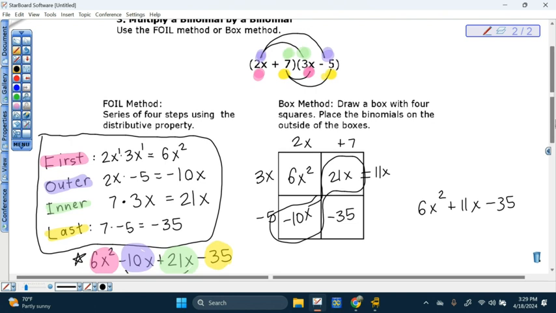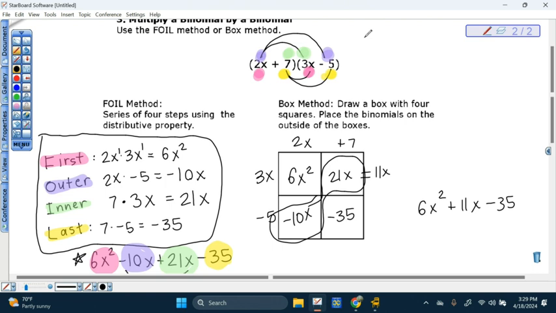But you all have dry erase boards, so you could just draw a box one time and write it in there and erase as you go. So if you want to do that, you can. And we all think differently. If the box method makes more sense, then use the box method. If the FOIL method made more sense, use the FOIL method, right? If just drawing little rainbows on there, that's really the FOIL method, but if that works, do that, okay?